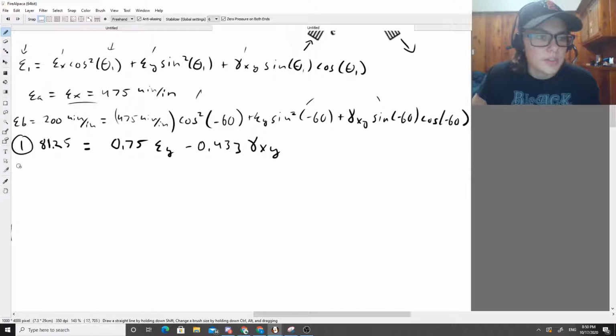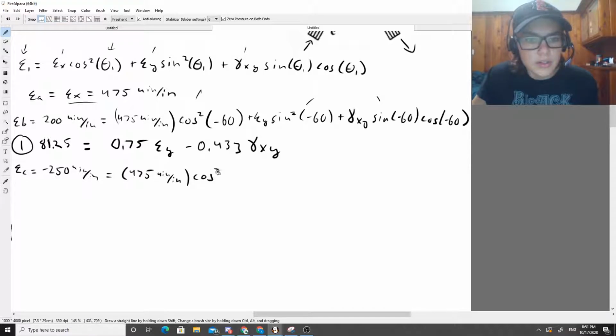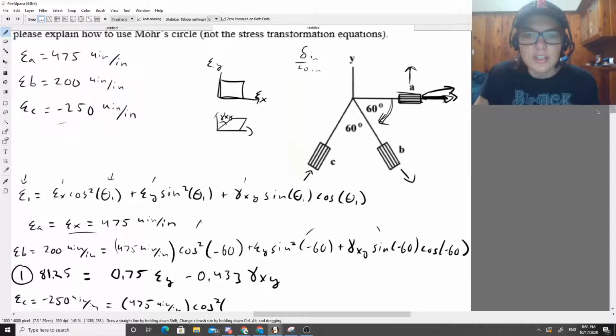So we'll say our strain at C is equal to negative 250 micro inches per inch, which is equal to, again, we already know strain x, so we'll say 475 micro inches per inch, multiplied by cosine squared. Now our theta has changed, right? Because we're at strain gauge C now.